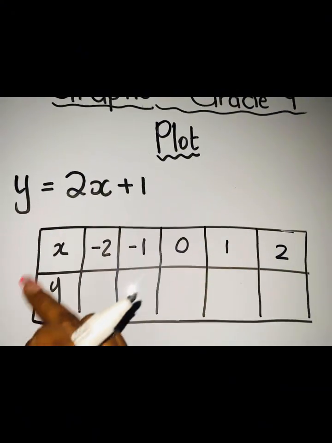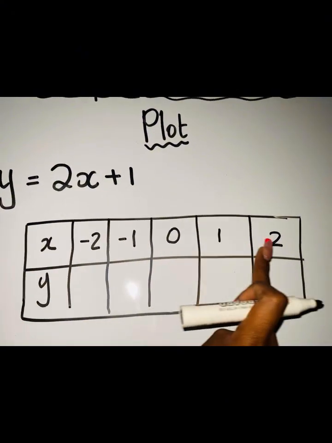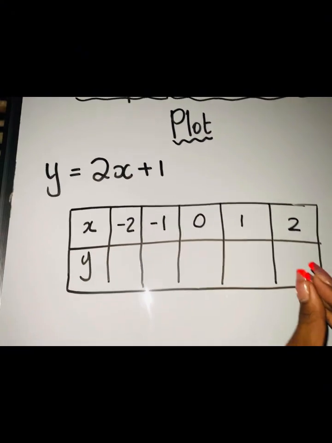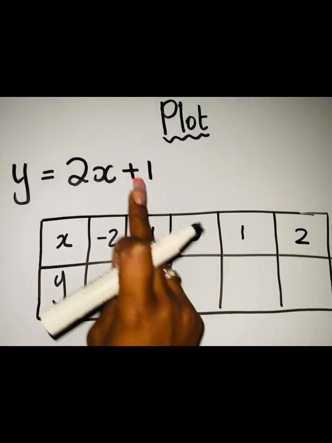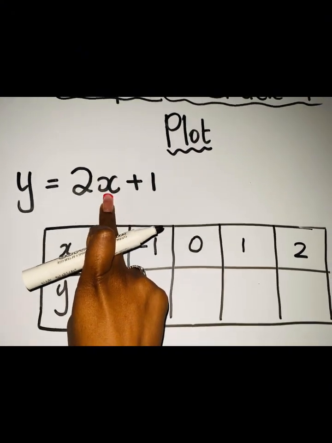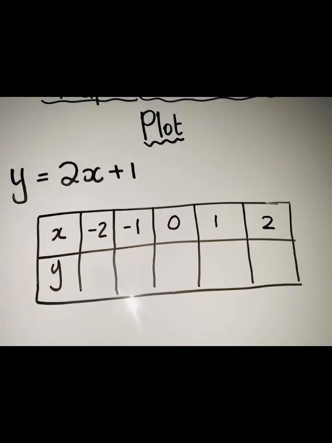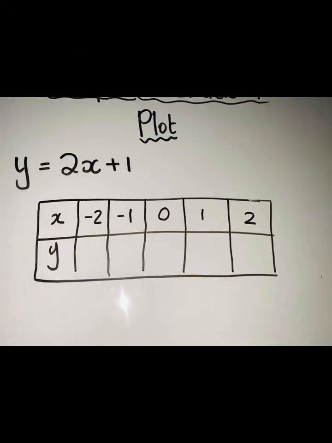This is an equation, and these are our x values, and I'll show you where these x values come from when I start drawing the Cartesian plane. We are going to use these x values to substitute into the equation so that we can find the y values. You have done this when you're doing functions and relationships, so this shouldn't be difficult.